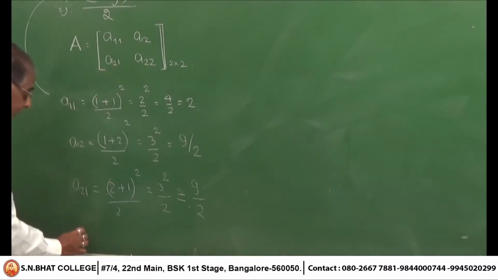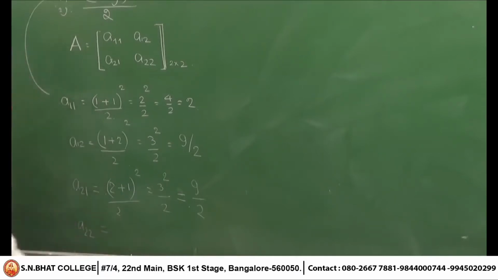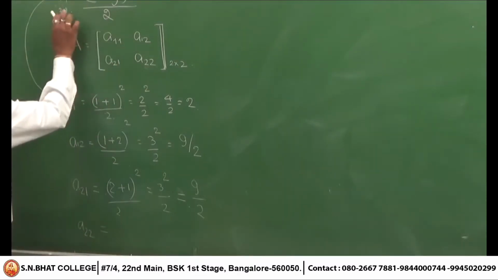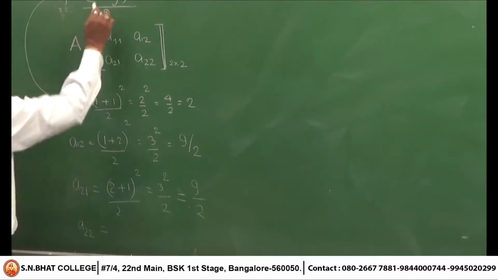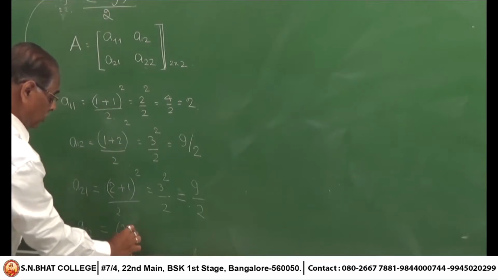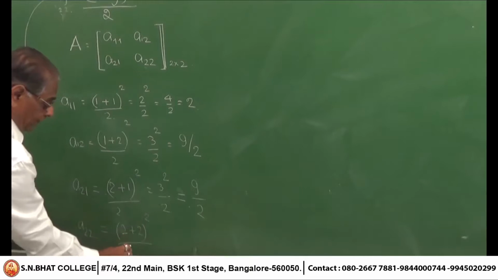Next, fourth element is A22. We have to calculate this element. That is, we have to replace I by 2, J by 2. Here, this becomes 2 plus 2 whole square by 2.